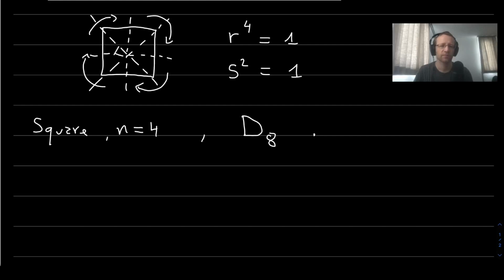You could also think about point reflections, and point reflections in the two-dimensional plane are just rotations by 180 degrees. So we also took care of those. So this is a dihedral group of order 8.